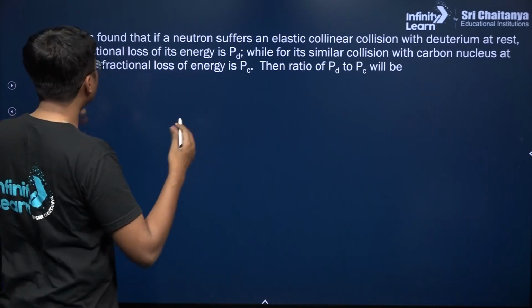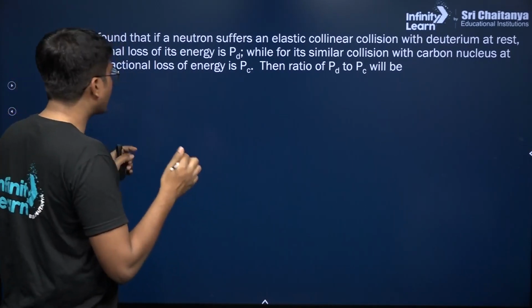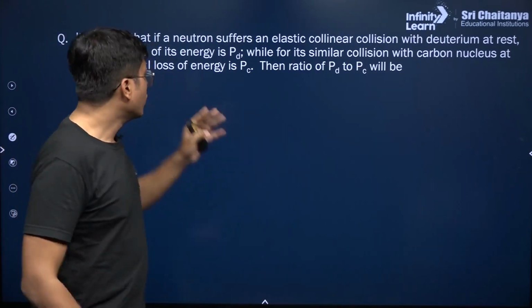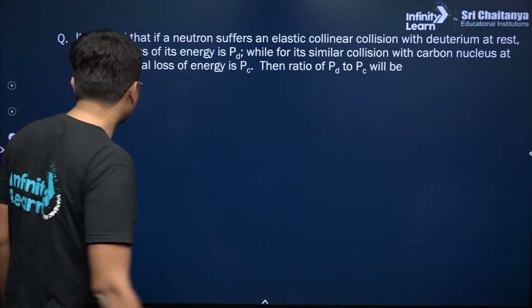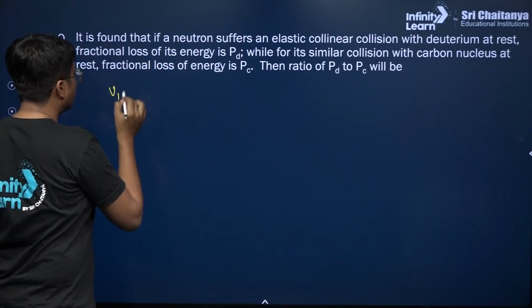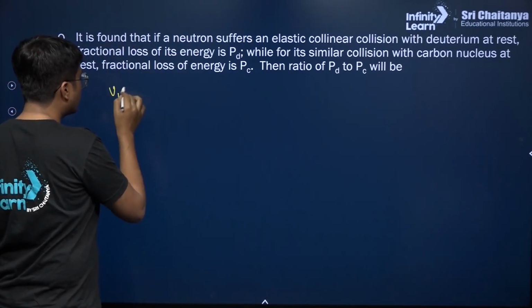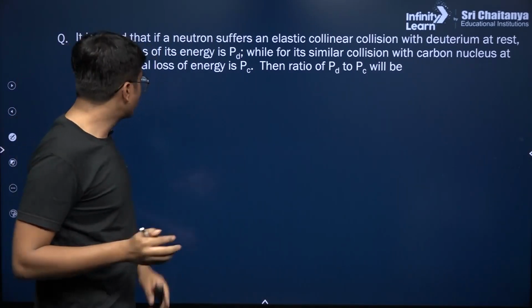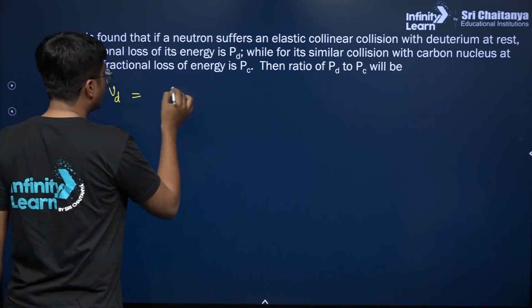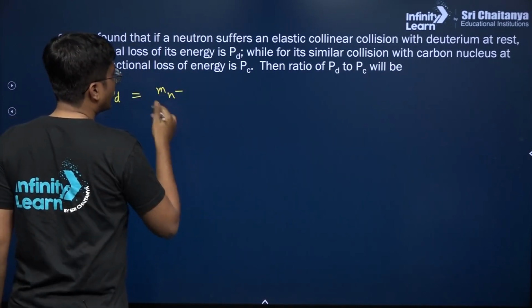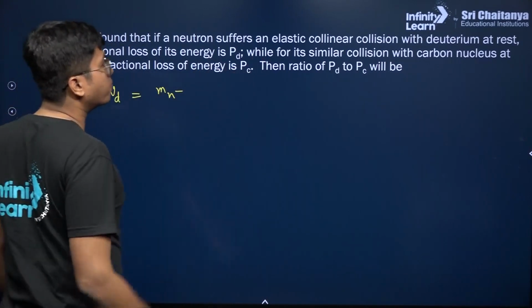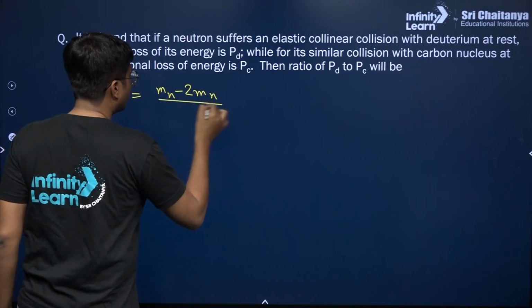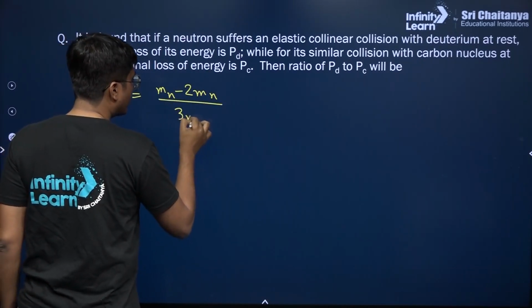So when there is that collision, you can find out what the final velocities are. It's a completely elastic collision. You only need the final velocity of the neutron. So the final velocity of the neutron after collision with the deuterium, let's call it Vd, is going to be equal to, we know the formula, M1 minus M2, where M2 over here is the deuterium, which is 2Mn, divided by Mn plus 2Mn, that would be 3Mn.